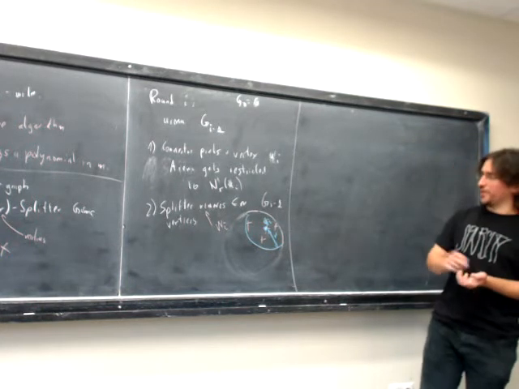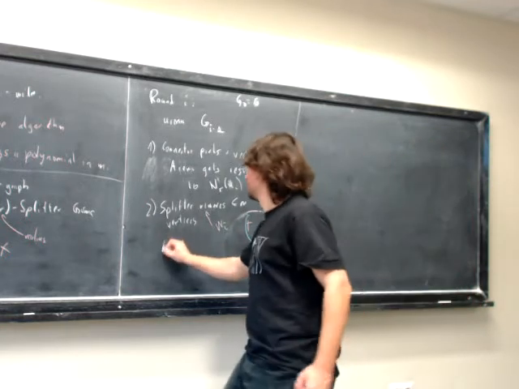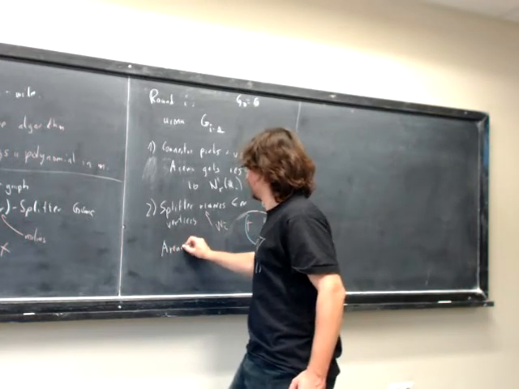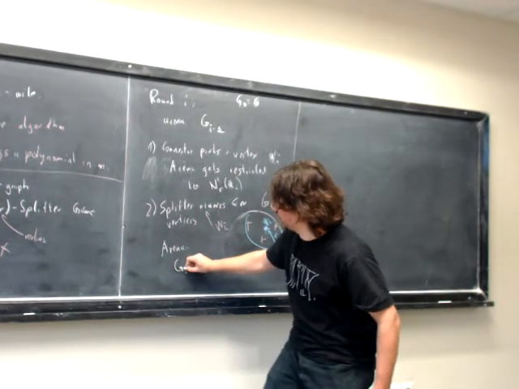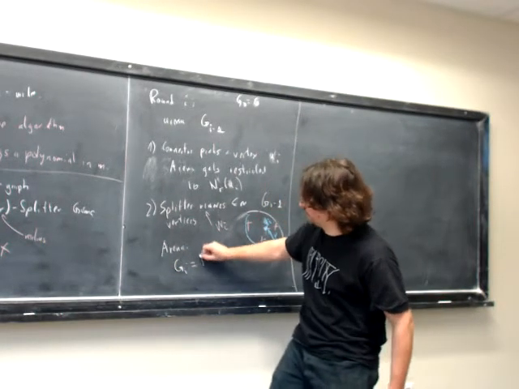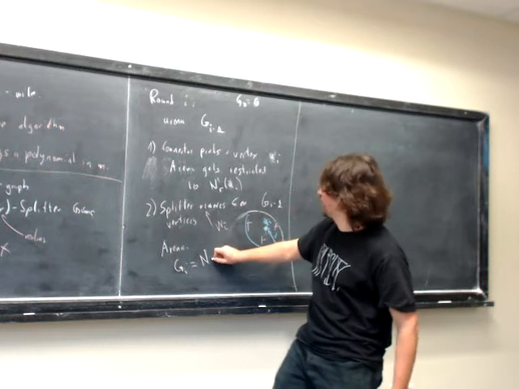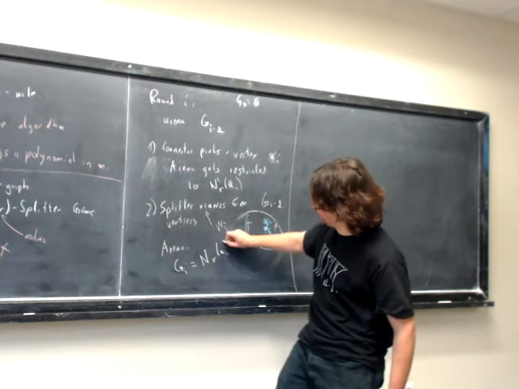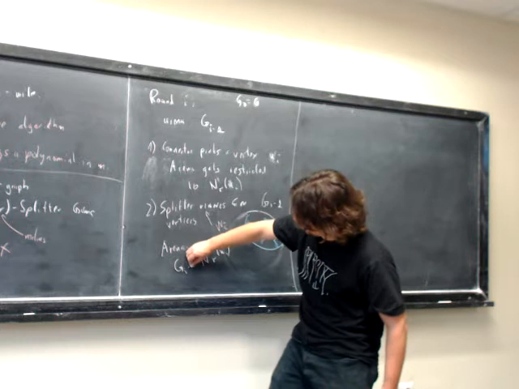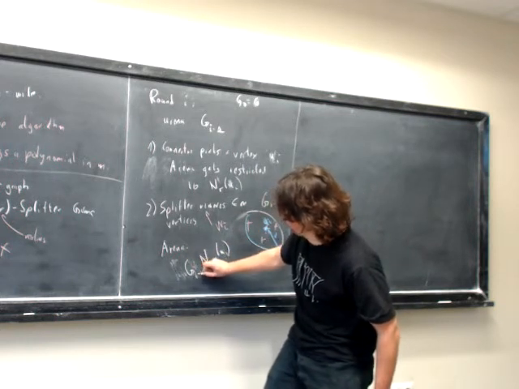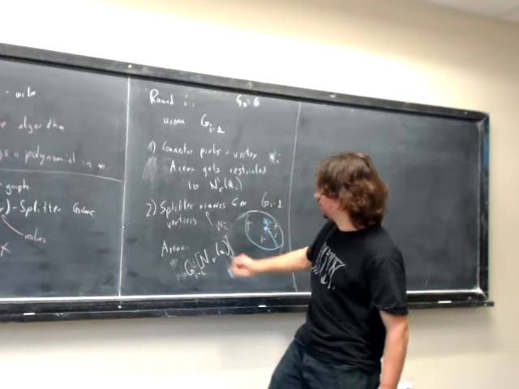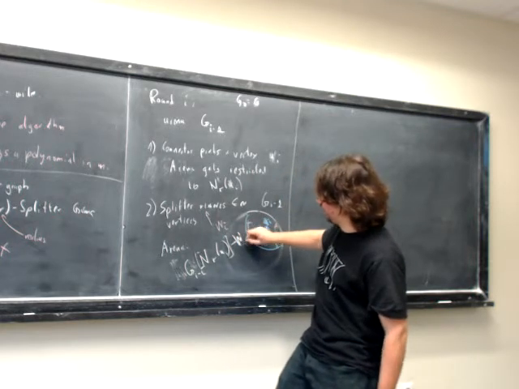So then the arena, after these two phases, is the graph G_i: more precisely, the subgraph induced in G_{i-1} by the neighborhood of radius R of U_i, and then I remove this W_i.